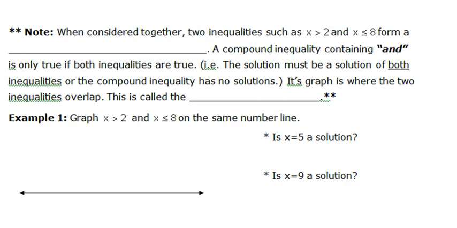So here it says, when considered together, two inequalities such as x is greater than 2 and x is less than or equal to 8 form what's called a compound inequality.